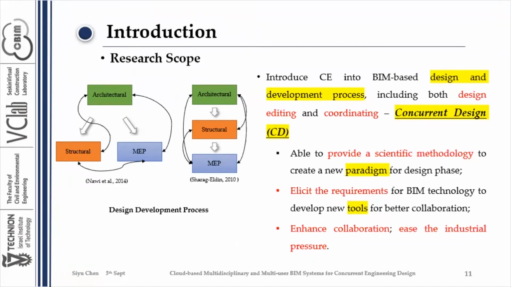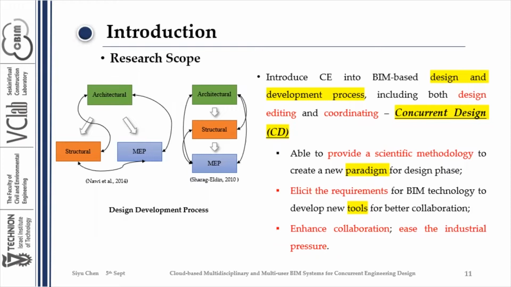So basically, currently, in the BIM design phase, BIM is still used for visualization, clash detection, and model design instead of real collaboration and coordination. Therefore, this research is about introducing concurrent engineering into the BIM-based design and development process, including both design editing and coordinating.